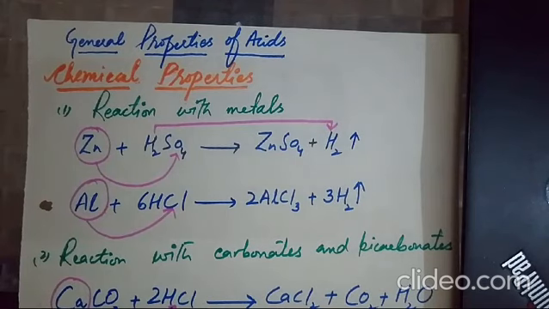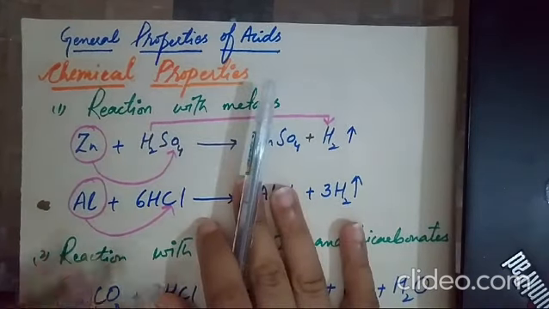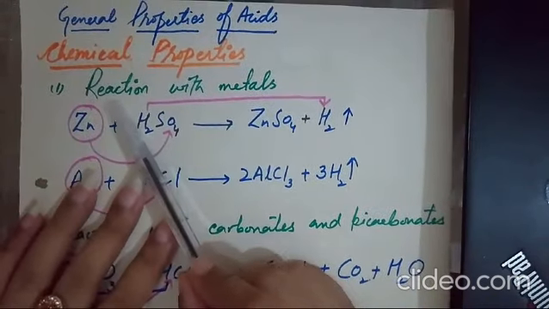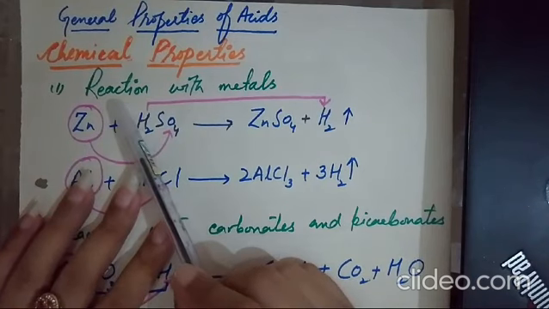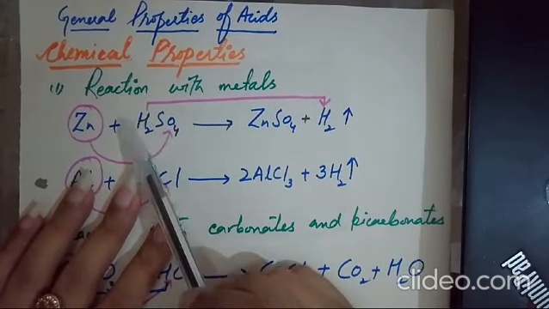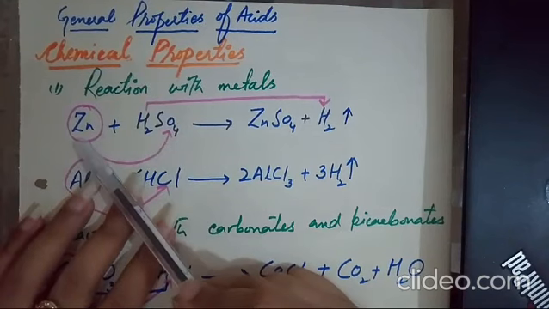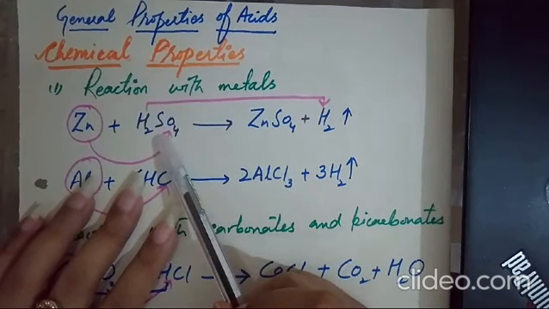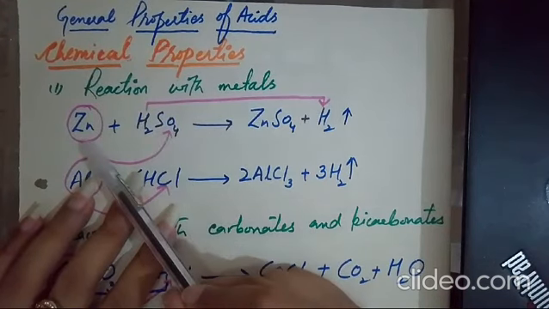Now, come towards the chemical properties. In the first one, we react sulfuric acid with a metal: reaction with metals. H2SO4 is sulfuric acid and it reacts with zinc.